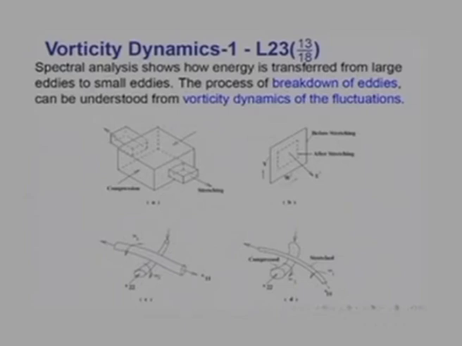Vorticity dynamics is another way of explaining the same phenomenon, and that is by the process of breakdown of eddies. So, for example, consider a 3-dimensional cubic element here. This is direction 1, this is direction 2 and this is direction 3. Imagine that this element is being stretched because of the strain rate in direction 1.